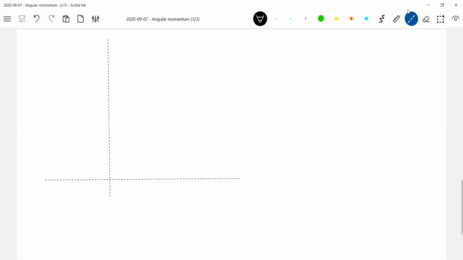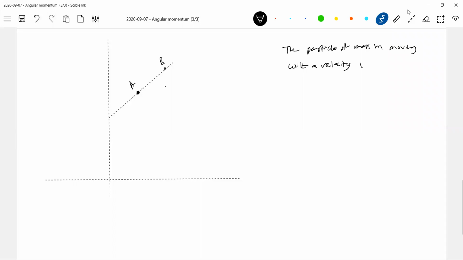So this is the path of the particle. The particle of mass m is moving with a velocity v along line AB as shown.